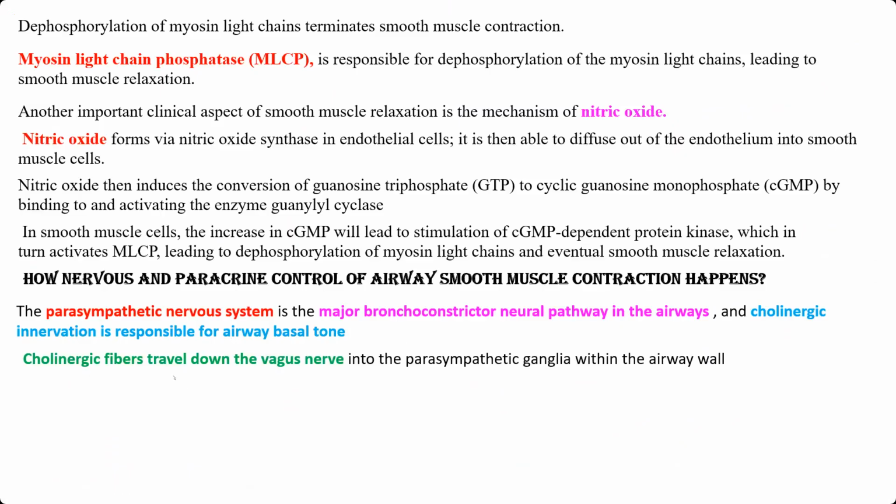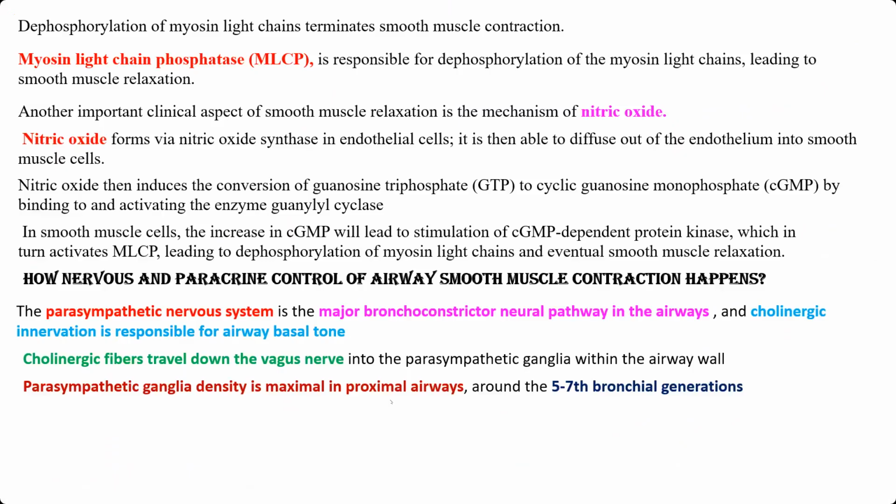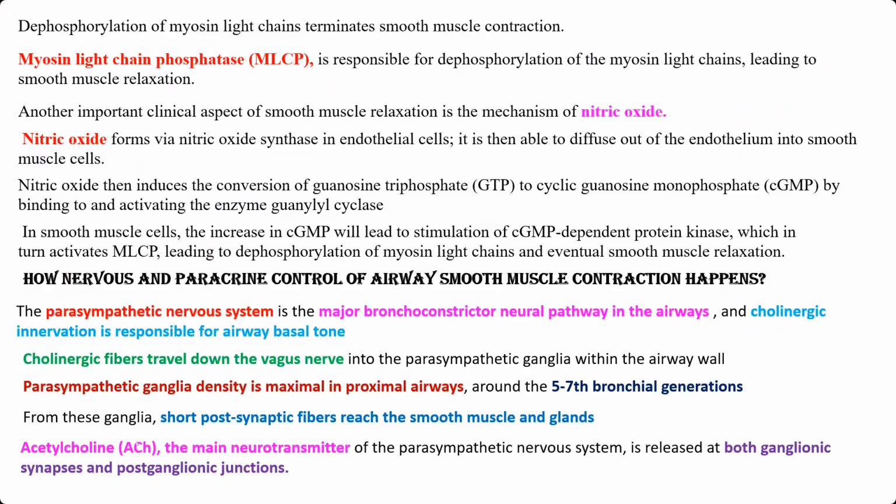So cholinergic fibers travel down the vagus nerve and into the parasympathetic ganglia within the airway wall, and parasympathetic ganglia density is maximal in proximal airways around the 5th to the 7th bronchial generations. And the short postsynaptic fibers reach the smooth muscles and glands. And acetylcholine is the main neurotransmitter for parasympathetic, as always in other areas, at both ganglionic synapses and postganglionic junctions.